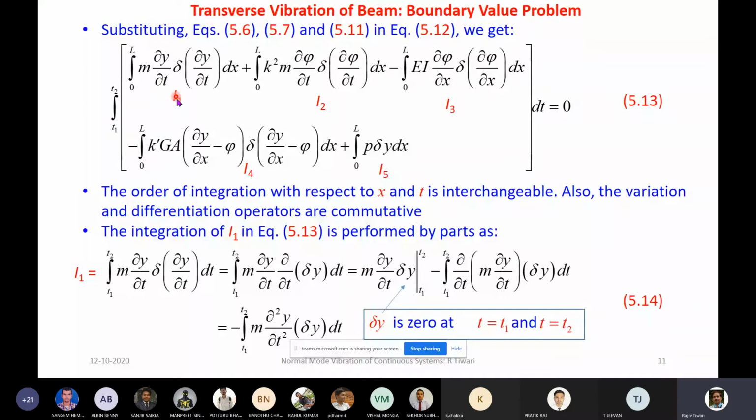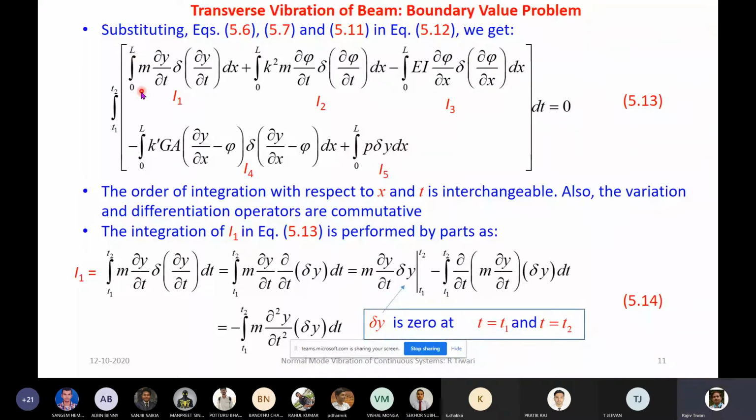So I showed I1 here by changing the order, with the understanding that outside we have the integral 0 to L dx, which will not play any role at present. I just kept the relevant integration, and once we do the integration, we'll substitute back here.